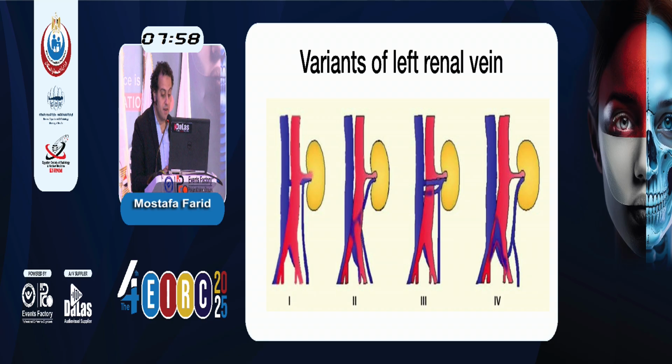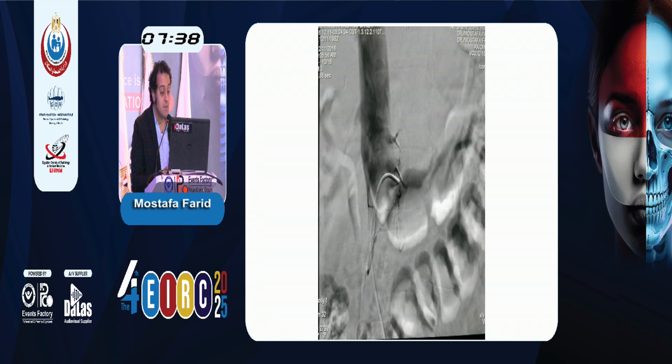If you look at variant number 4, for example, this variant is called a double IVC. I always imagined the double IVC would be like two big veins beside each other, but that's not the reality. Let me show you a case I encountered.